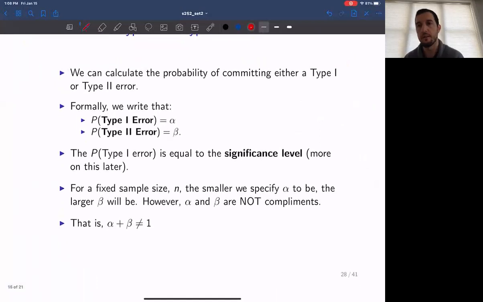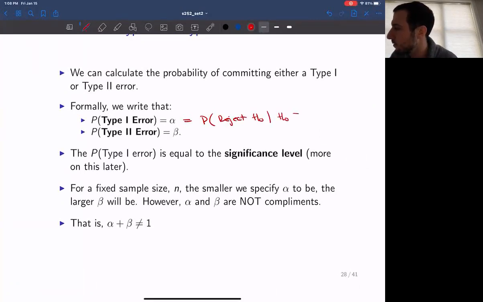We can express the probabilities of type 1 and type 2 error using the symbols alpha and beta. So alpha and beta generally mean the probability of committing either one of these errors. And strictly speaking, this is also written as the probability of reject H0 given H0 true, and the probability of do not reject H0 given H0 false.